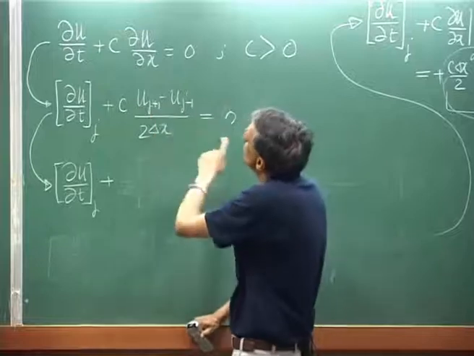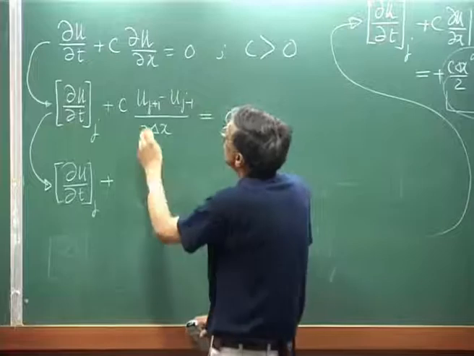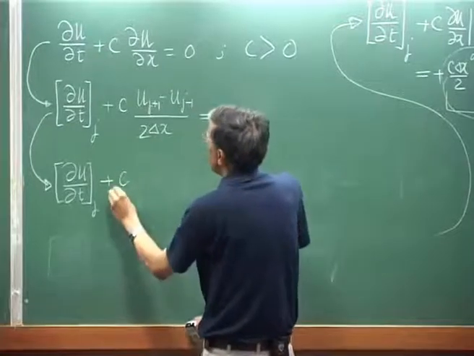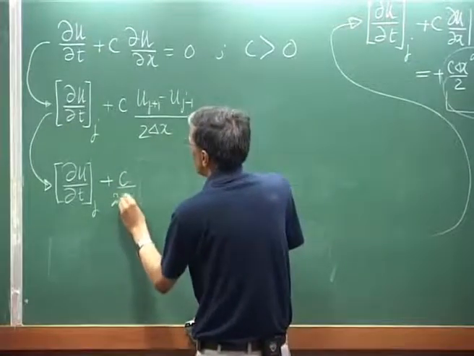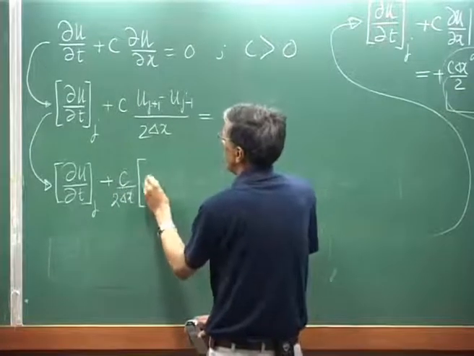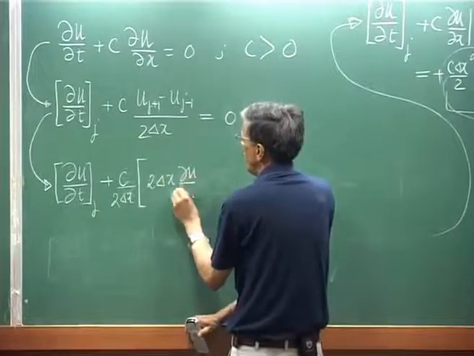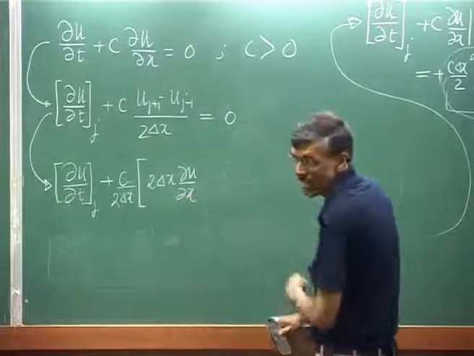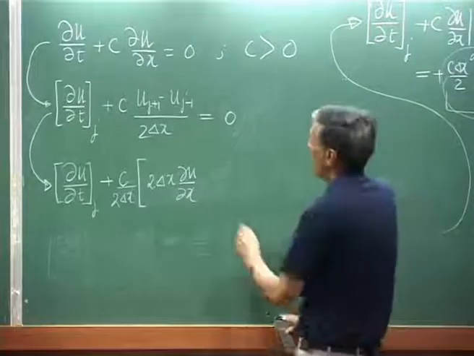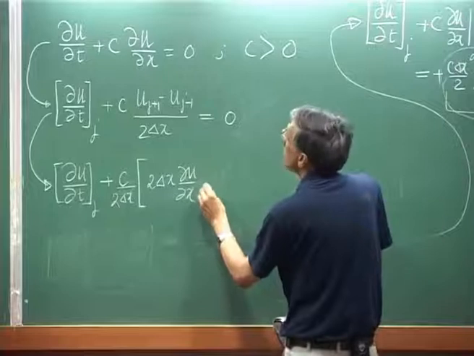So, uj will go away, the first two derivatives, sorry, that will remain. So, I will get this C by 2 delta x, uj goes away. So, I will get 2 times this, and the second derivative goes away, and I will get what?